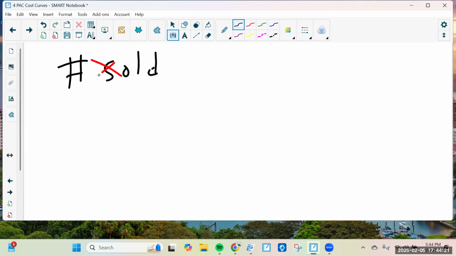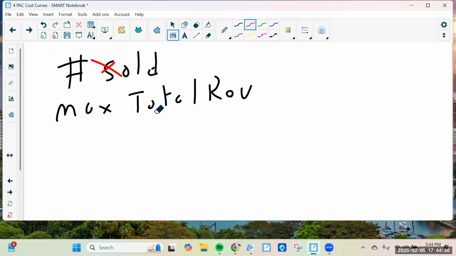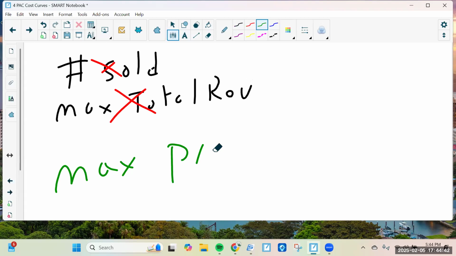Their goal is not to max out their total revenue, the total money coming in their cash register. That's not their goal. They're not trying to bring in as much revenue as they can possibly bring in. Their goal is actually to max out profit. And that's why the number sold may not be their goal.